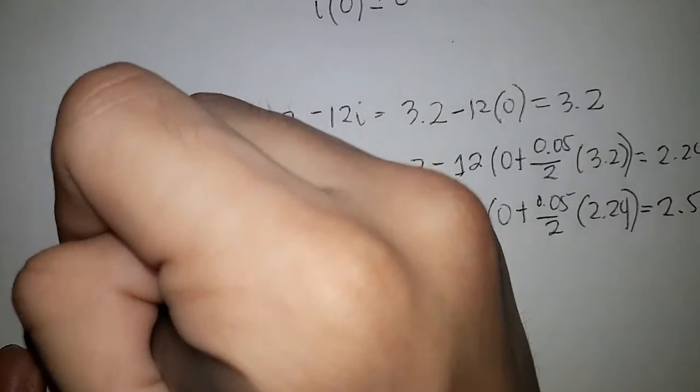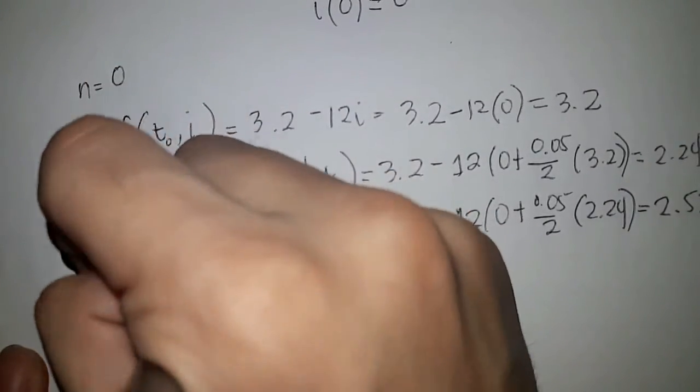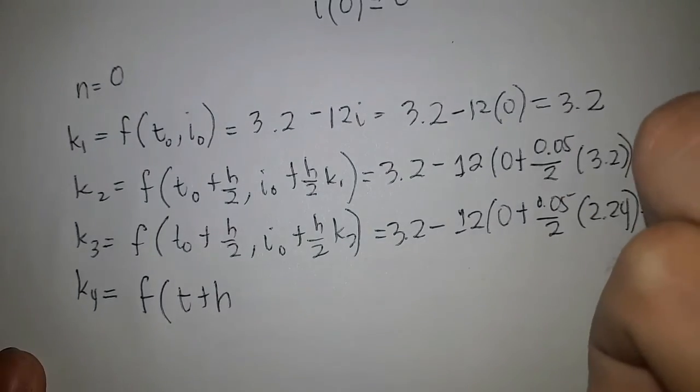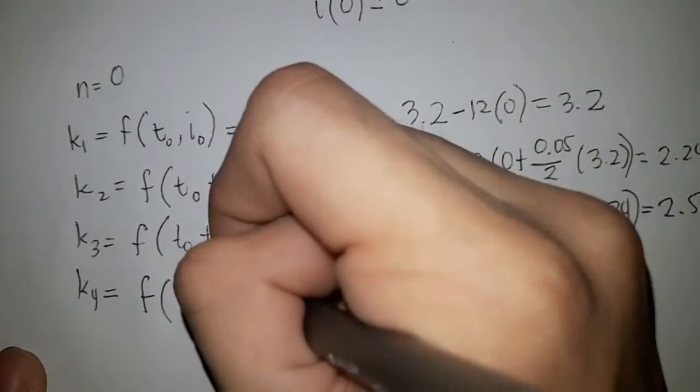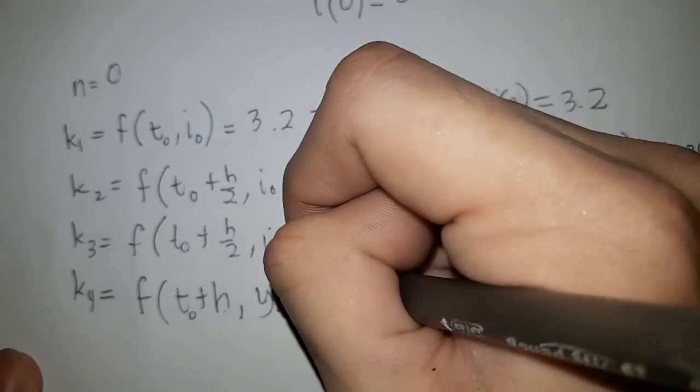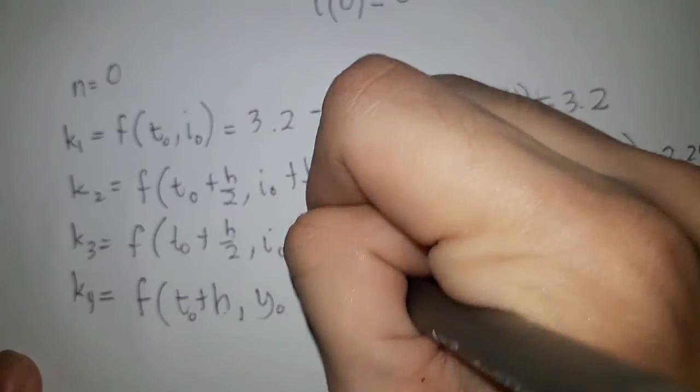So k4 is equal to the function of t plus the step size h, y sub 0 plus h times k3.